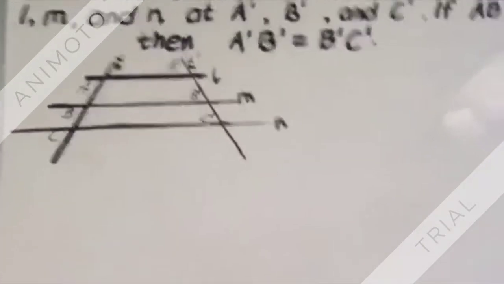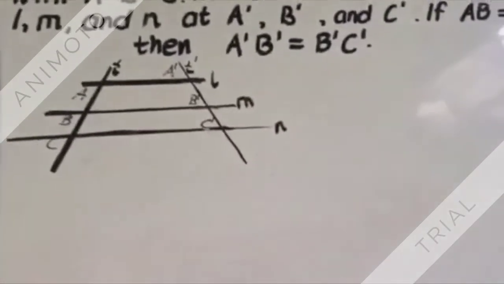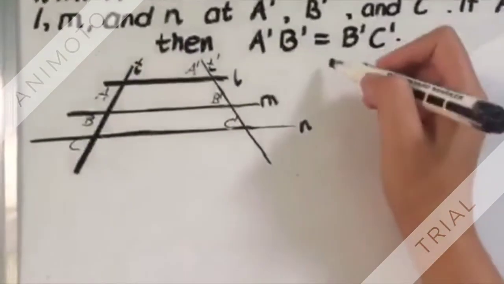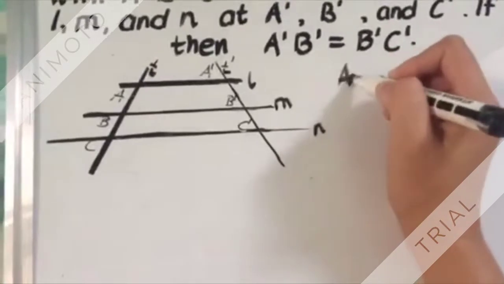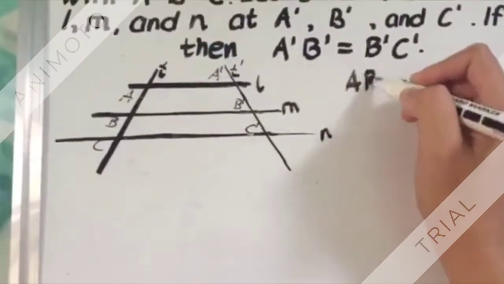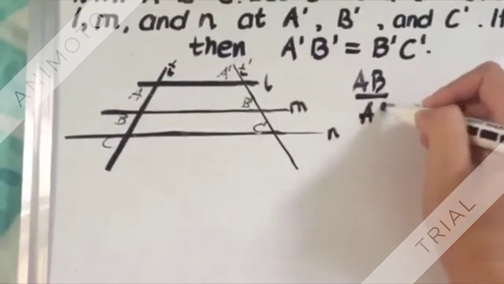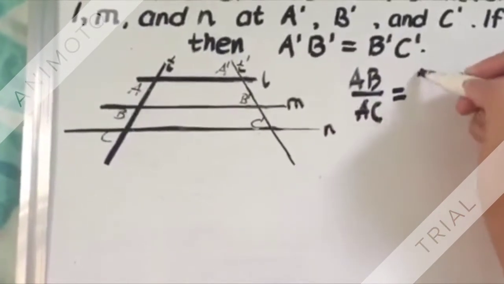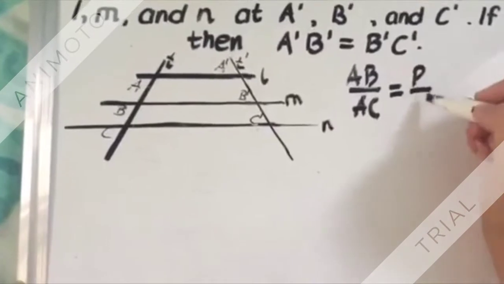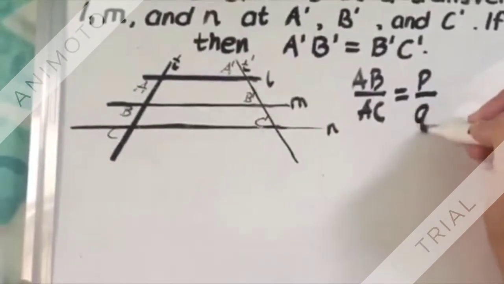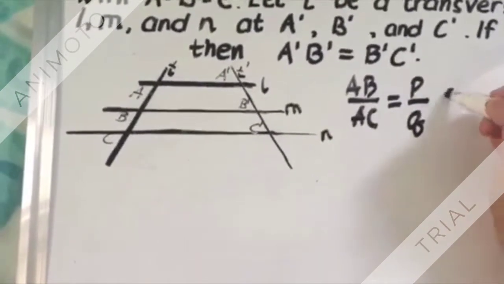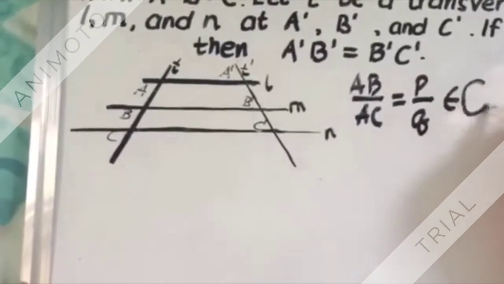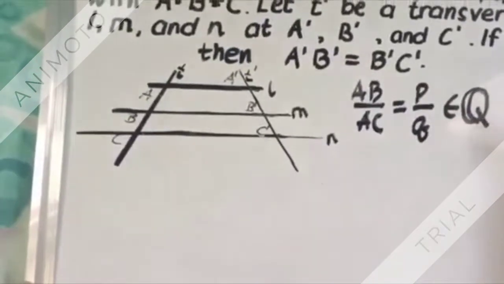And let's pretend that AB over AC is a fraction P over Q, what we call rational numbers.